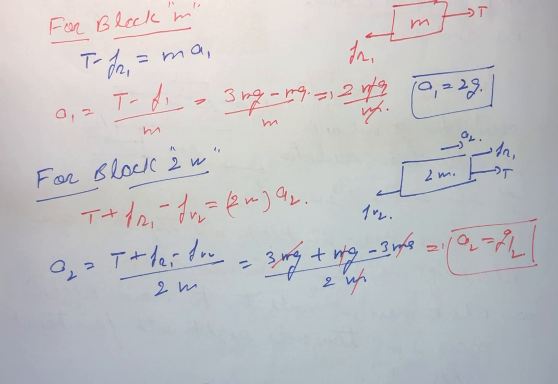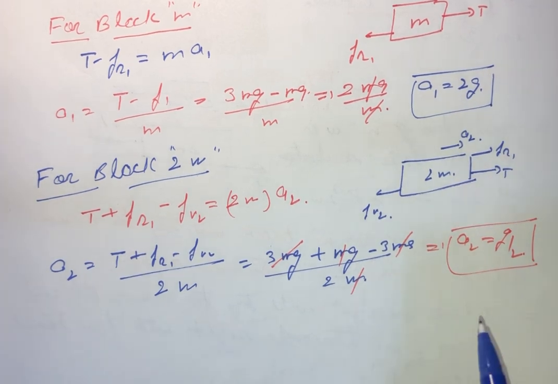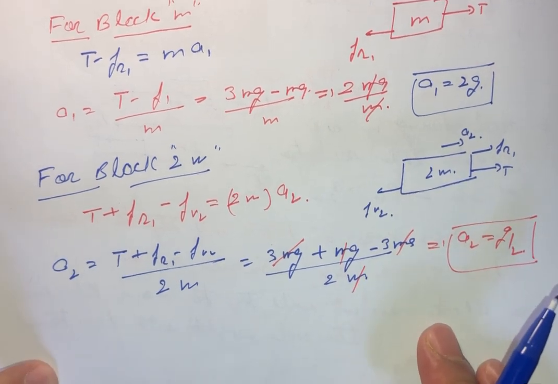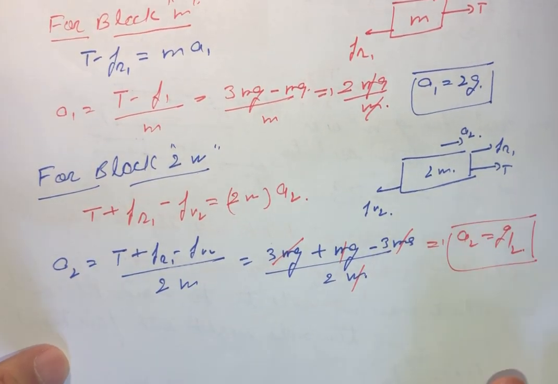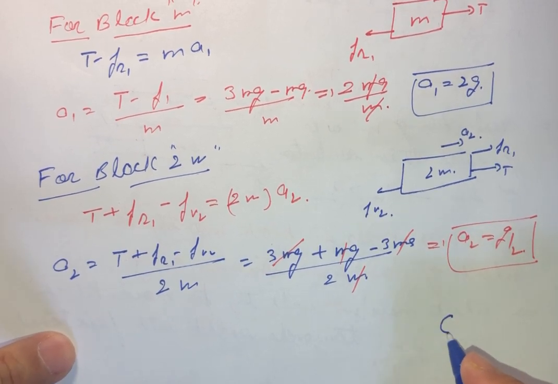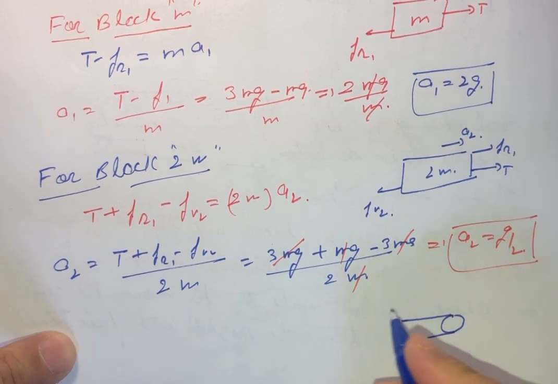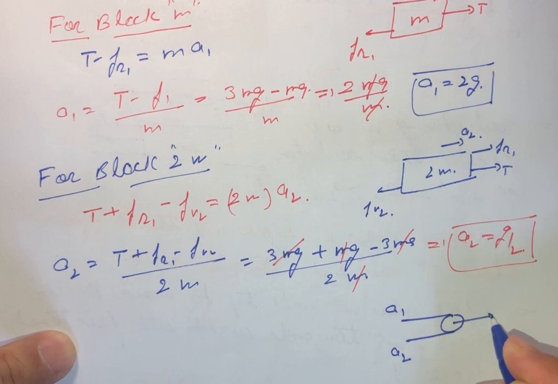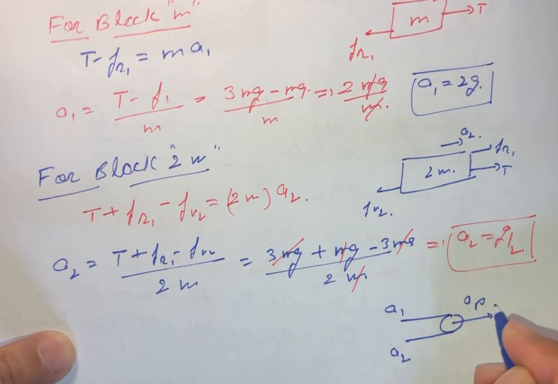So we found out the acceleration of both the blocks. Next is we are going to find out what will be the acceleration of the pulley. Now this is the pulley and we have here two blocks. Acceleration is A1, this is A2, and let us acceleration of pulley is AP.